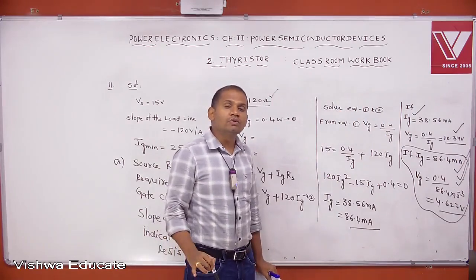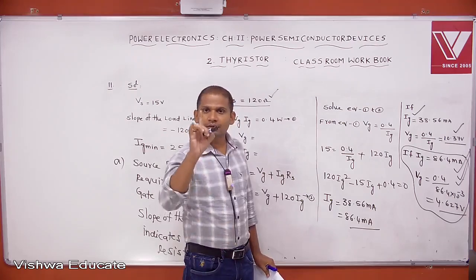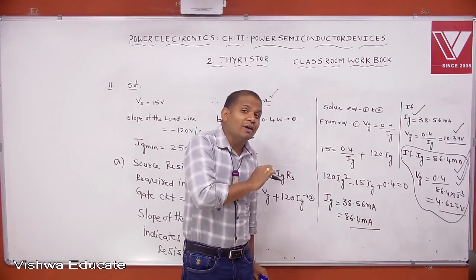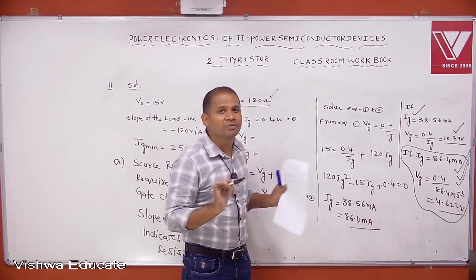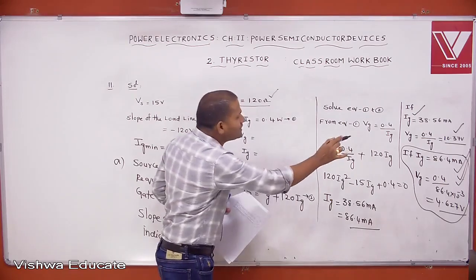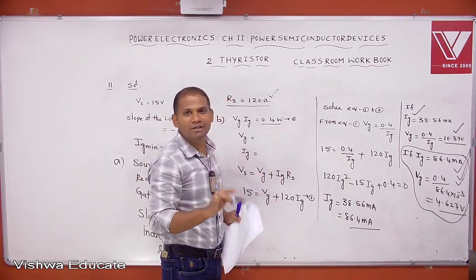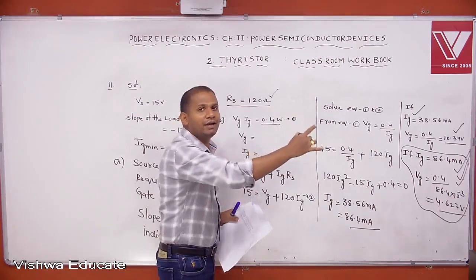But again you may have a doubt: sir, if the gate current increases, the gate will be damaged. Don't think like this. This gate current is calculated according to the allowable average gate power dissipation of 0.4 watts only.